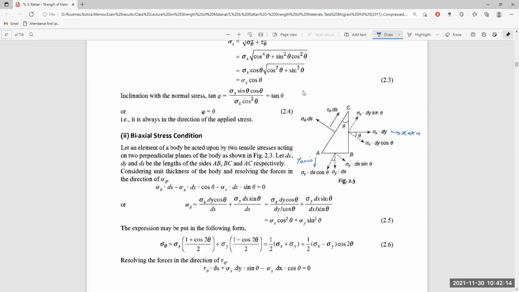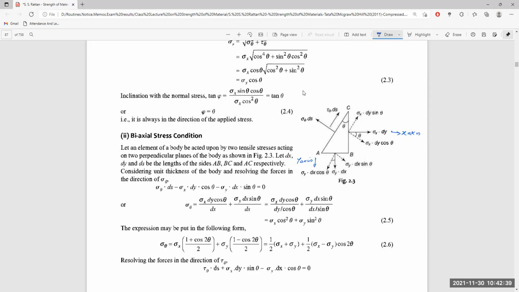And what is the stress we have calculated? What is the stress condition that exists over a plane AC, which is inclined at an angle theta with the normal plane? Normal plane means a plane BC, which is normal to the longitudinal axis of the constant prismatic bar.